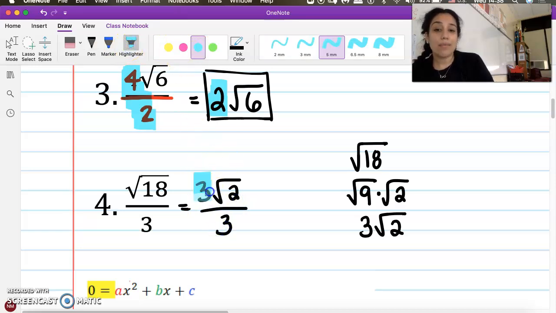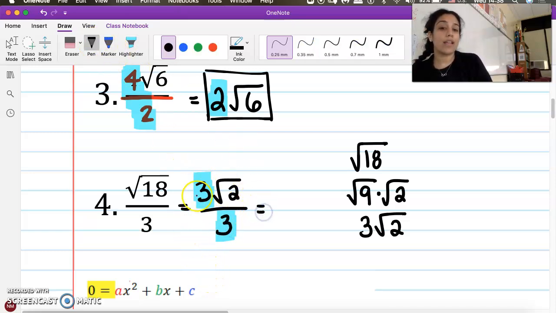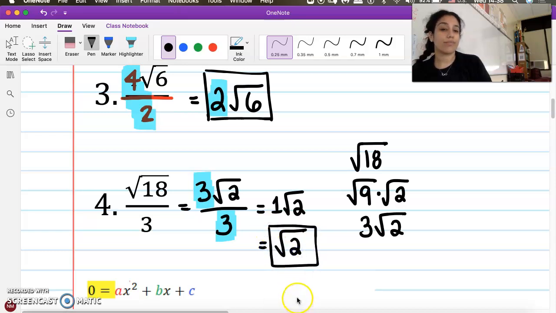Now we have somebody who joined the team. It's no longer in the radical. It is free. So 3 over 3 is 1 root 2. And again, if you have a 1 coefficient, you do not need to write it. So it's just the same thing as saying square root of 2.